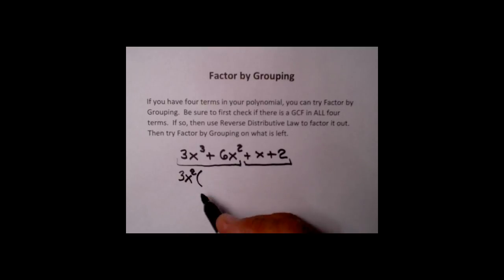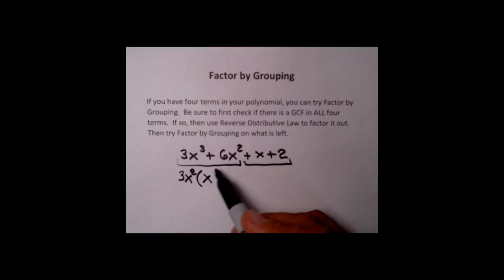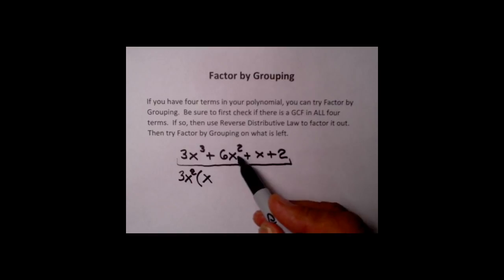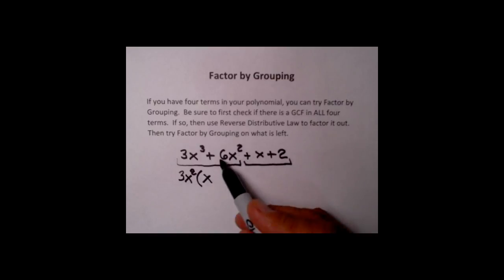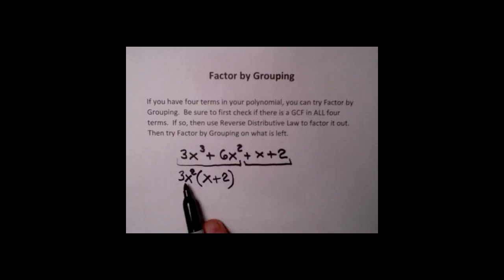We're just missing one more x, so there it is. Then what do we have to multiply 3x squared by to make plus 6x squared? Well, we have exactly the two x's we need. We just need to multiply by 2, so x plus 2. Okay, there is the reverse distributive law factorization of the first two terms.